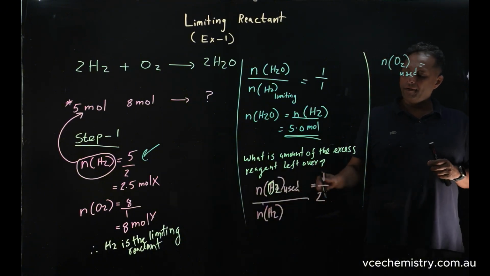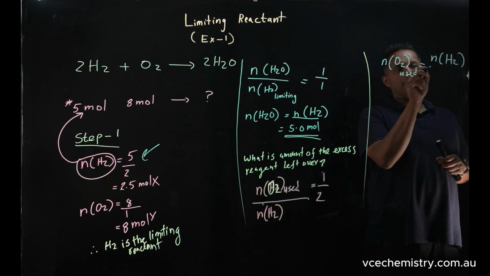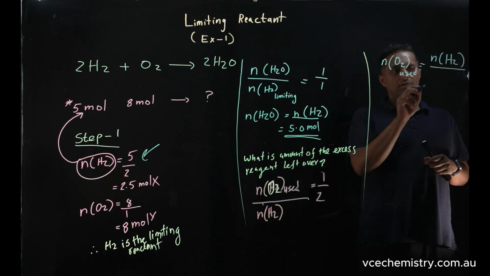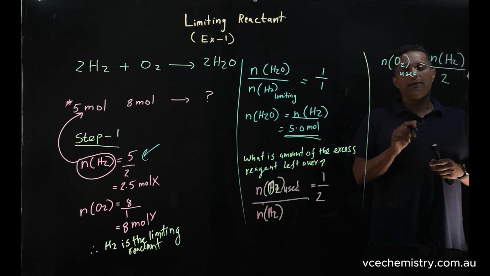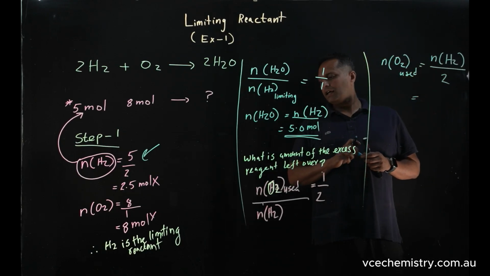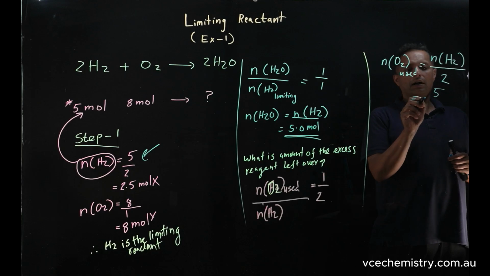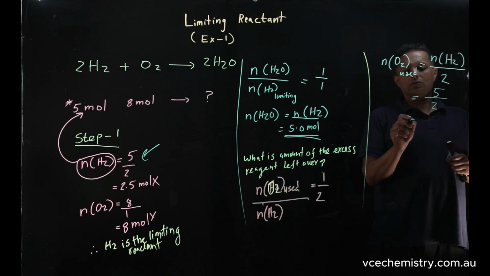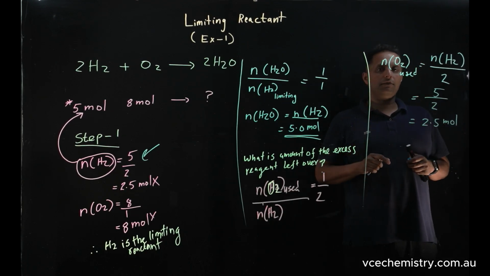The number of moles of hydrogen, which is your limiting, divided by 2. You rearrange this, I hope that's not going to be difficult. So in this case, the number of moles of hydrogen is our limiting, which originally is 5. 5 over 2 is 2.5. So we are going to use 2.5 moles of oxygen.